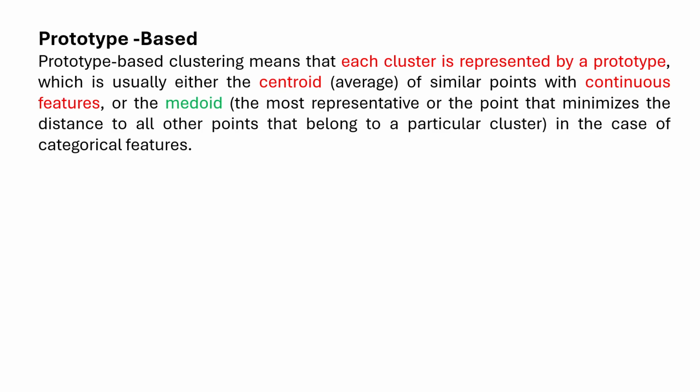Prototype-based. Prototype-based clustering means that each cluster is represented by a prototype, which is usually either the centroid of similar points with continuous features or the medoid in the case of categorical features. It is very good for spherical shaped clusters.